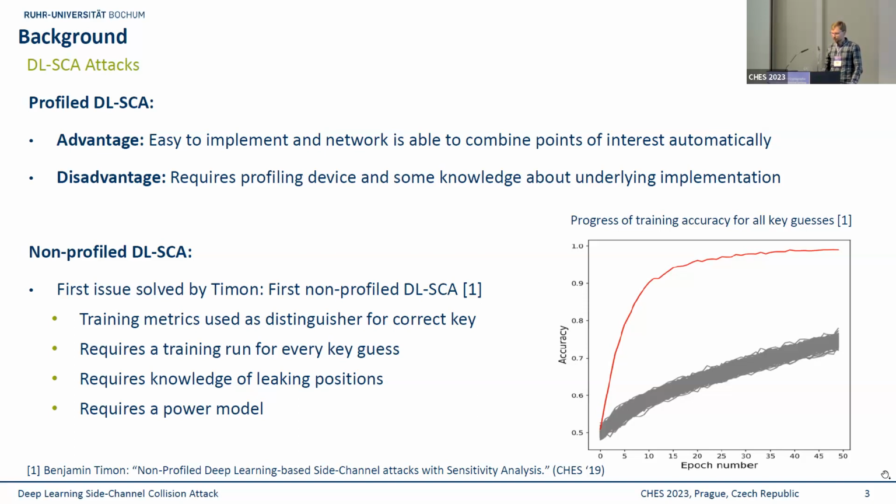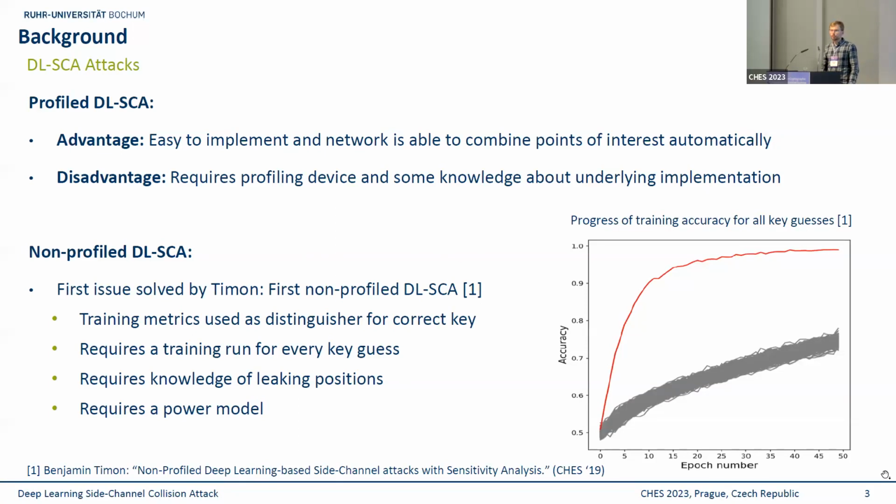That means he is training the model the same way that I've explained before, but he is using a key guess for every training, and then he observes how the training accuracy proceeds over the number of traces. Here in the figure, you can see an example of the accuracy over the number of training iterations for all possible keys. As you can see, the accuracy for the correct key clearly peaks out the accuracies for the wrong keys.